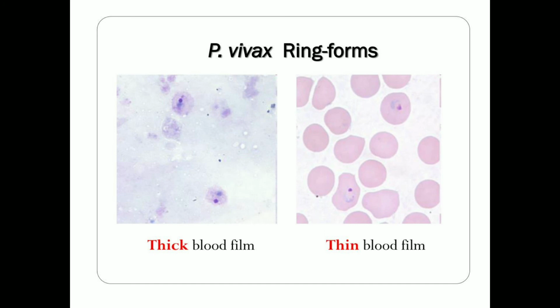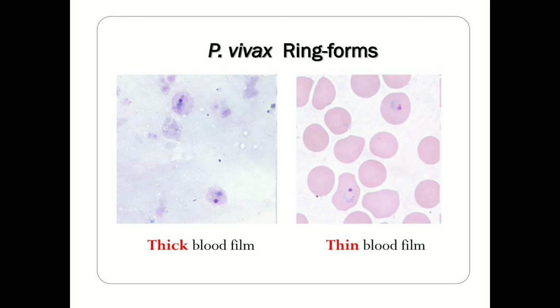So these are the protozoa which can be found in the peripheral blood film. In case of helminths or nematodes, the parasites include Wuchereria bancrofti, Brugia species, Loa loa and Mansonella ozzardi. So these are the different parasites which can be found in the peripheral blood film.